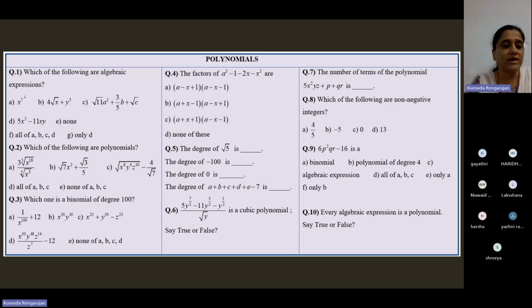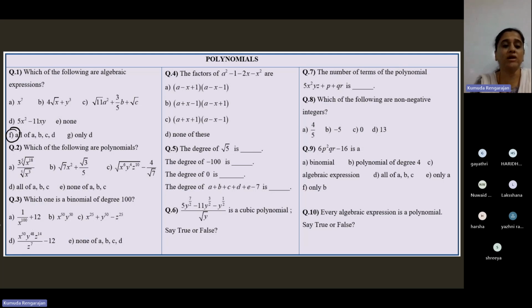Option E says none. Option G says only D. Option F says all of A, B, C, D. So which is the correct option now? All of A, B, C, and D is the correct option.